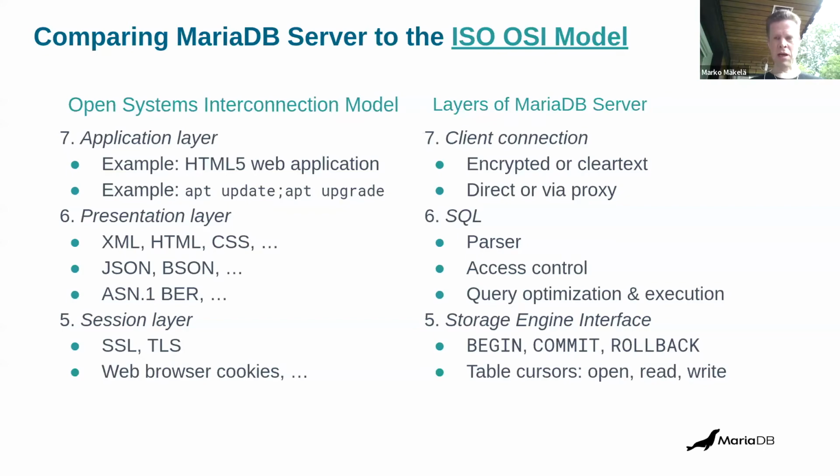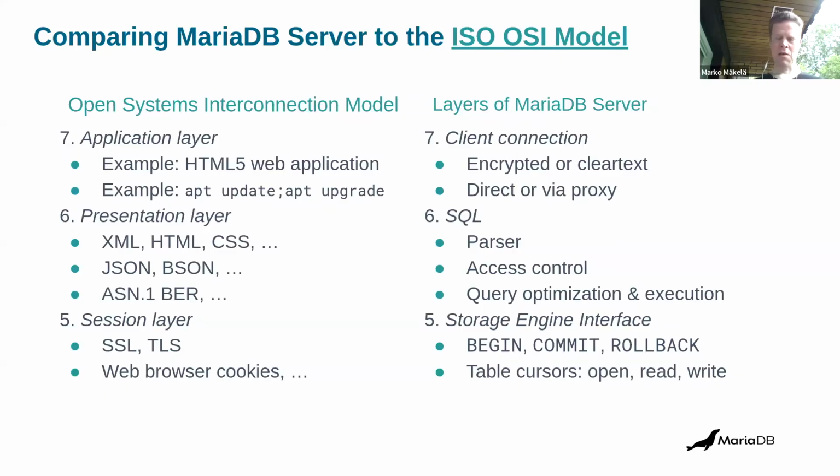And then below that, we have something interesting, such as a MariaDB database running your web application. Inside the MariaDB server, we have upper layers like the client connection handling, authentication, and stuff like that. And then we have the SQL parser, access control, query optimization, and execution. And then it starts to get interesting.